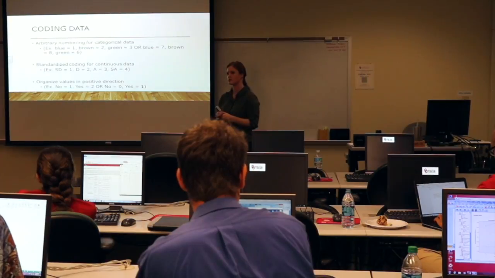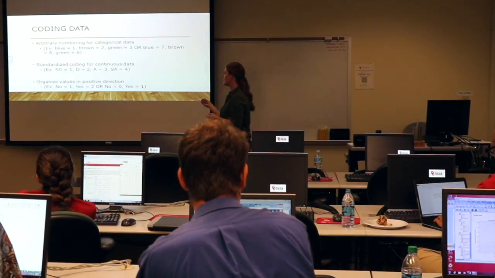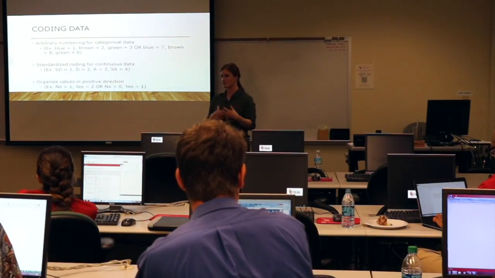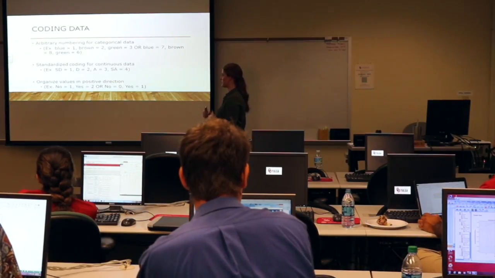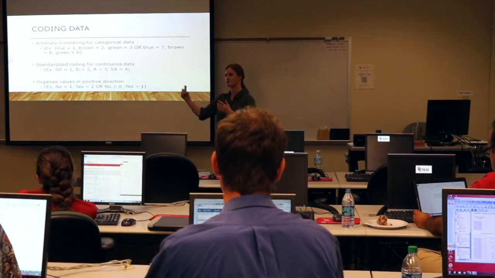Does that make sense? Pretty simple. And then again, with yes and no, no being the absence of something, so that being a 0 or a 1 or a lower number, and yes being the presence of something, so that being the higher option.